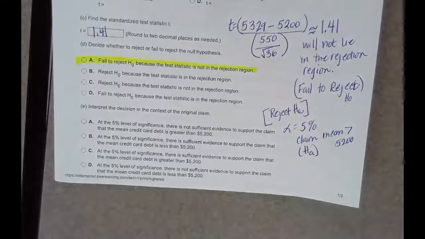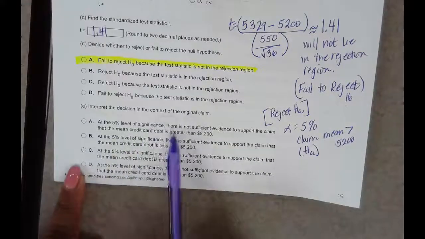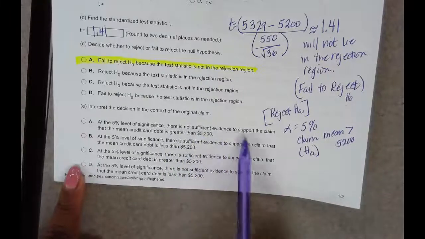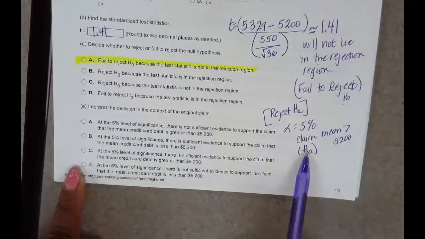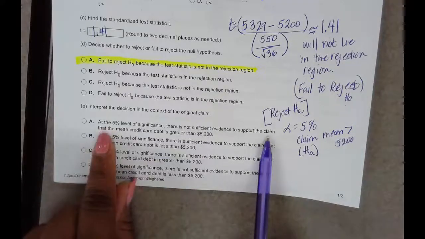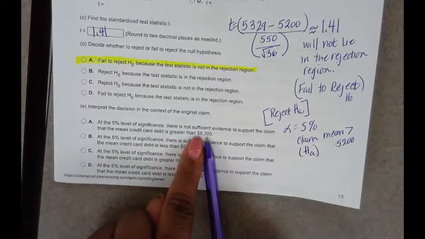Okay? So at 5% level of significance, there is not sufficient evidence to support the claim. What is the claim? HA. That the mean credit card debt is $5,200. Okay?